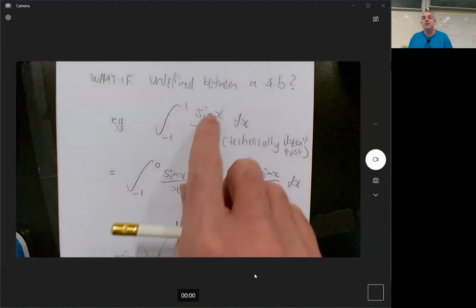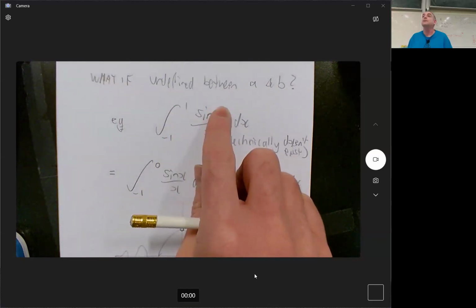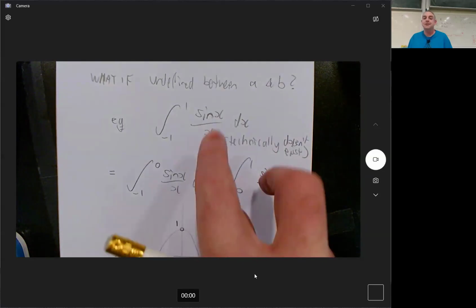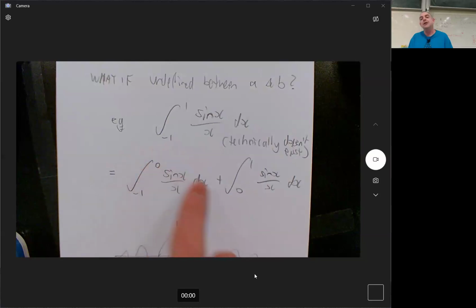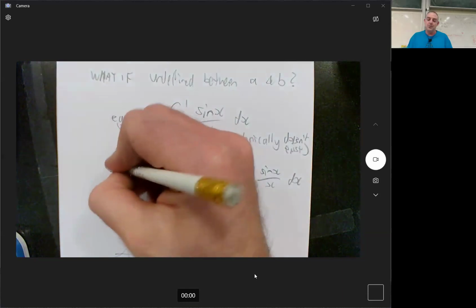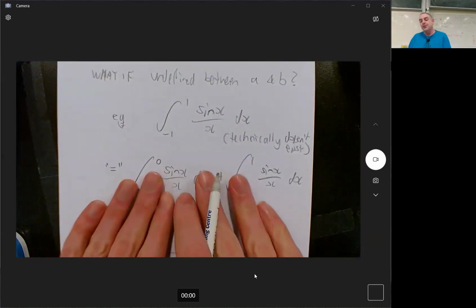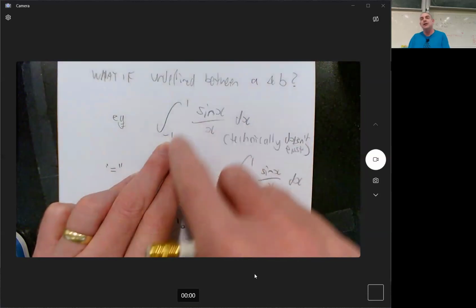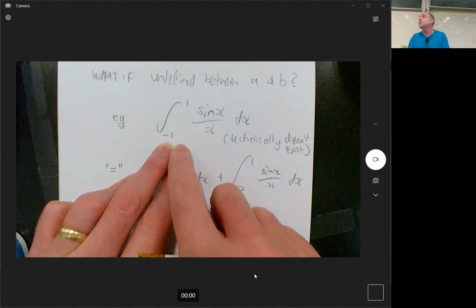This technically doesn't exist because the function doesn't exist when x is 0. That exists, but this officially doesn't need the function to exist at 0 in order to calculate these things. An integral only needs the function to exist at all the places between here and here, and not necessarily at either of those spots.